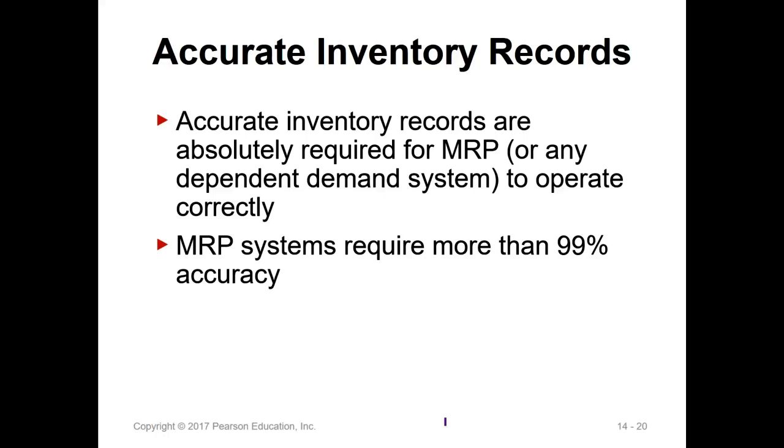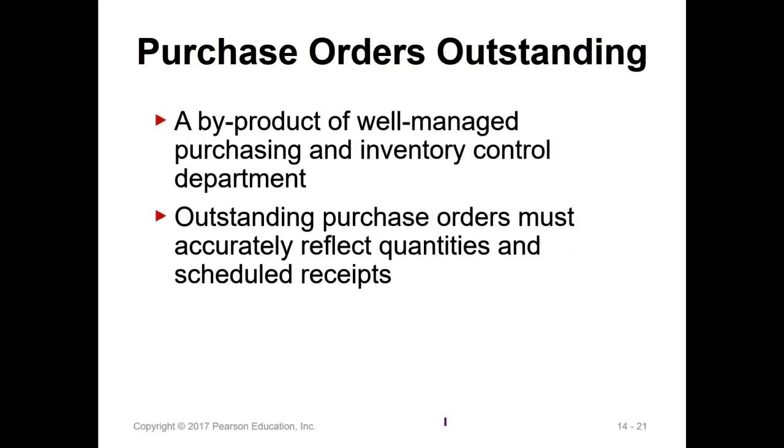MRP systems require more than 99% accuracy, so almost 100% accurate inventory levels. And the purchase orders outstanding, that means we need to know how many parts are on order and when they will be delivered.